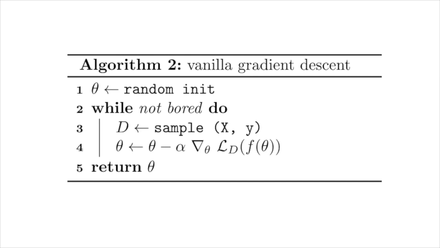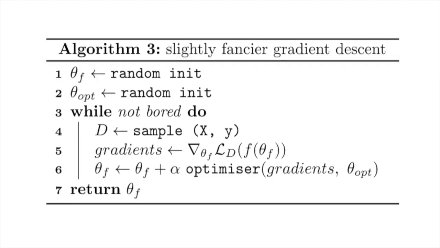Now, I call this vanilla gradient descent because in actual fact, we don't normally use this directly in its form. Instead, we have what we formally call the slightly fancier version of gradient descent. In this version, at line 6, we have what we call an optimizer. The role of the optimizer is to take those gradients and transform them in some way, which means that this whole method runs faster.